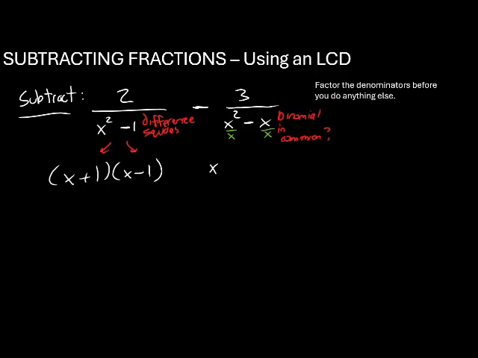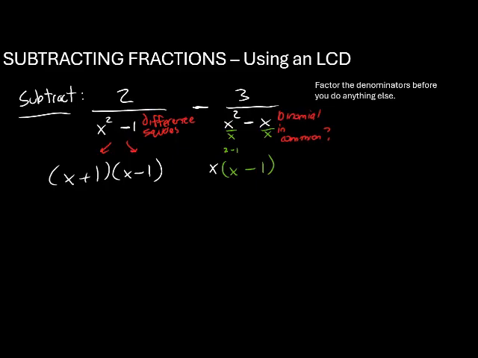X squared divided by x is just x to the 2 minus 1 power, or just x, and then minus x over x just gives back the number 1. So our factored form of the second denominator is x times x minus 1.